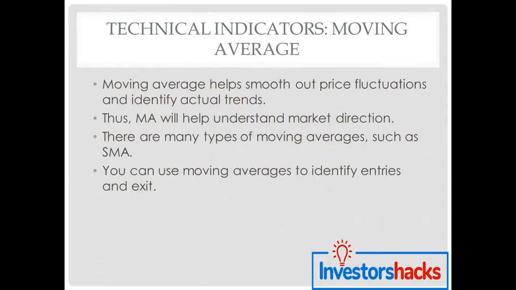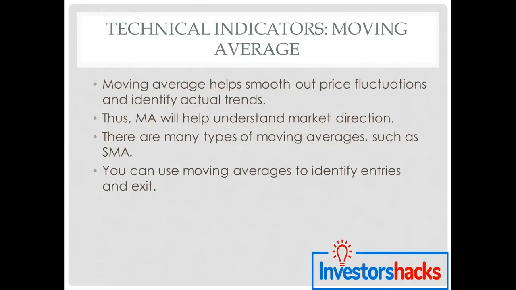So when you talk about moving average, you need to know that moving averages help smooth out price fluctuations and identify actual trends. Therefore, moving average is an indicator that shows the trend, okay? Moving average will help you understand market direction.